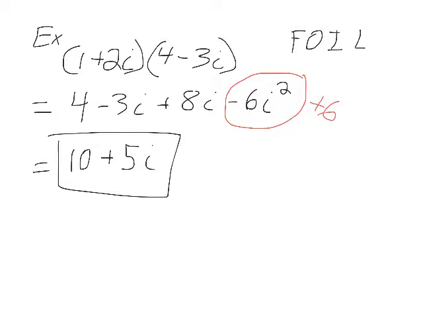Now, one more little trick that we're going to look at before we leave the multiplication subject is something called a complex conjugate. You'll need this to work the problems coming up in the next section, which is division of complex numbers. Complex conjugates are two imaginary complex numbers.